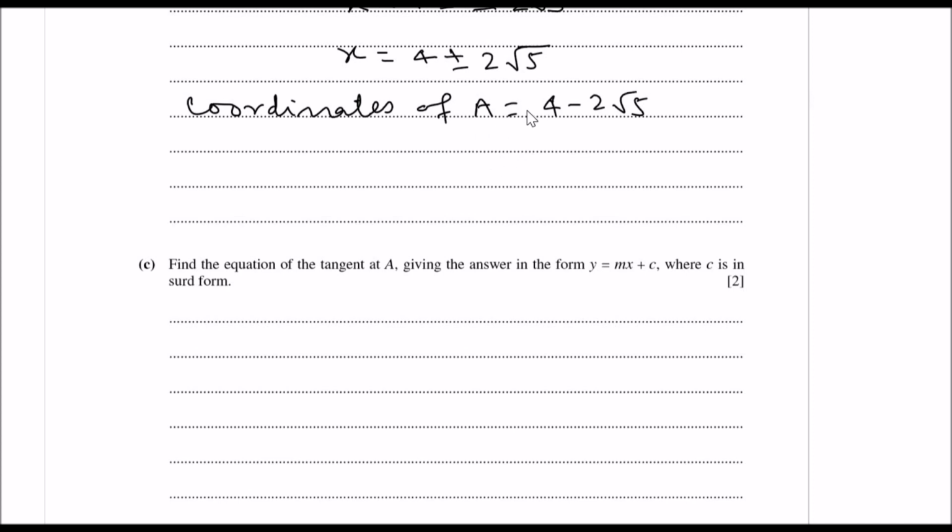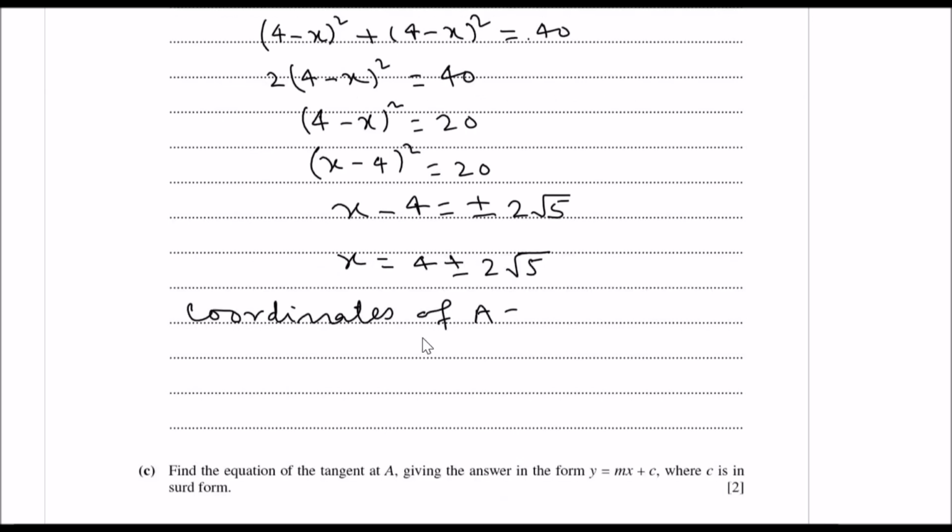So we are finding coordinates of A, so x equal to 4 minus 2 root 5, because this will give us a negative value, and we can find y.